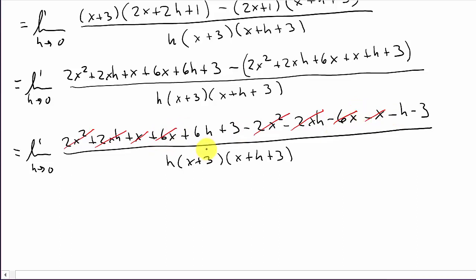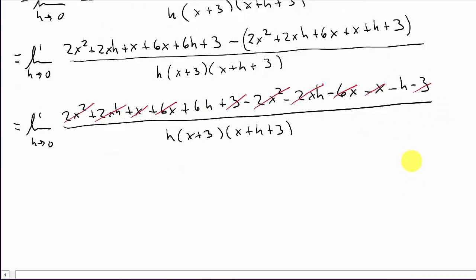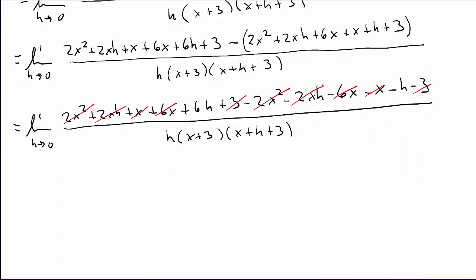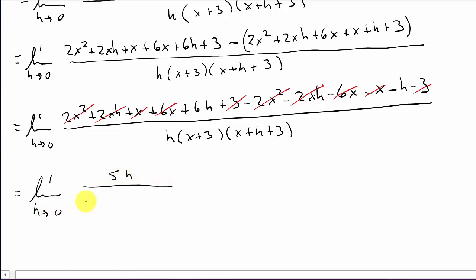And then let's see, the 3's cancel out. And I'm left with 6h minus h. And so that's going to be the limit as h goes to 0 of 5h over h times x plus 3 times x plus h plus 3.